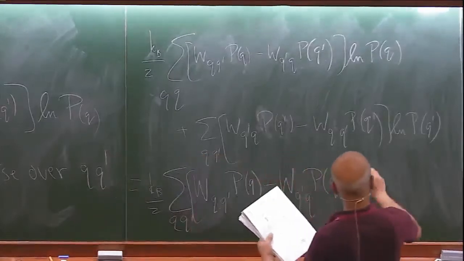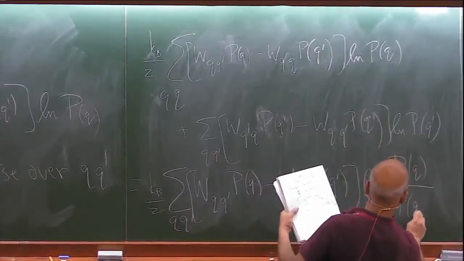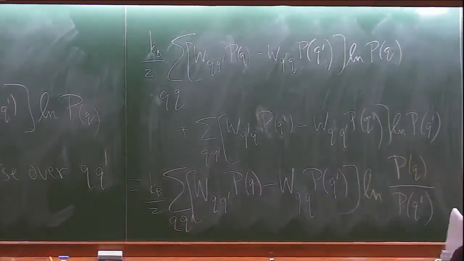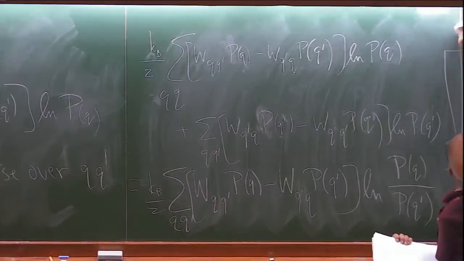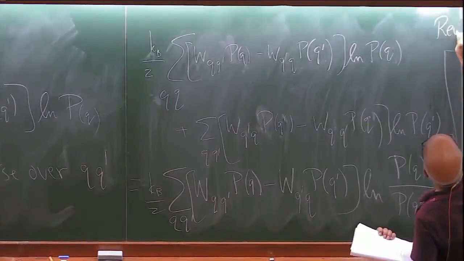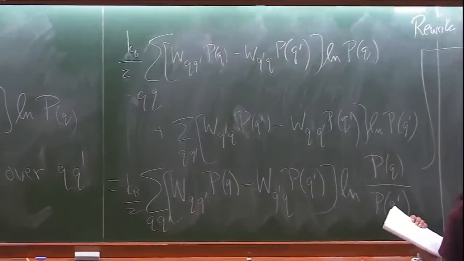There's a log of... now I have to do a fairly large amount of rearrangement, which I will not drag you through. I will say this can further be rewritten by further rearrangement as the following, as two terms.